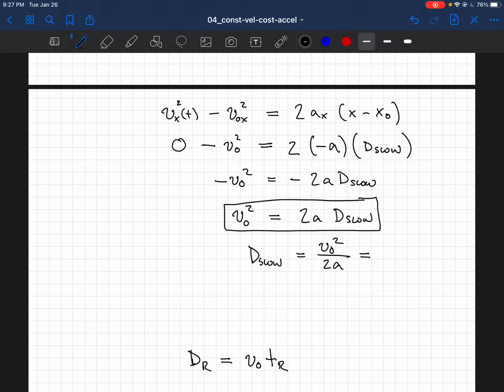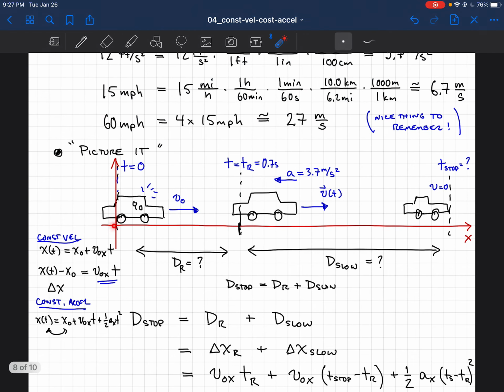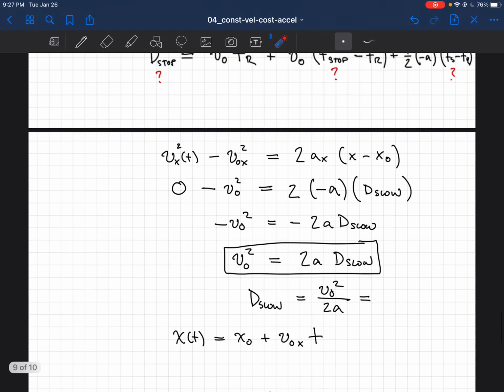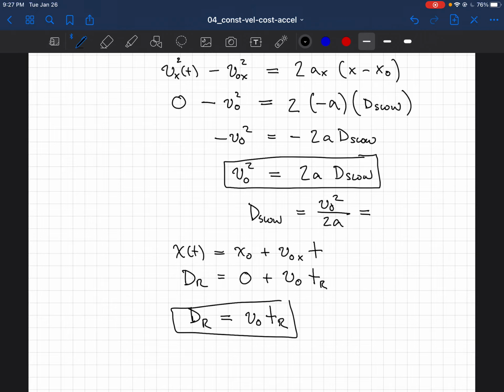Starting from the main equation, we have x of t is equal to x0 plus v0x t, and we're applying that from t equal to 0 to t react. That's going to be the d react distance. And we were given t react, so we get x of t is going to be d react, x0 is 0, v0x is the x component of the initial velocity, that's positive v0, and t is equal to t react. So we just get to this equation here.